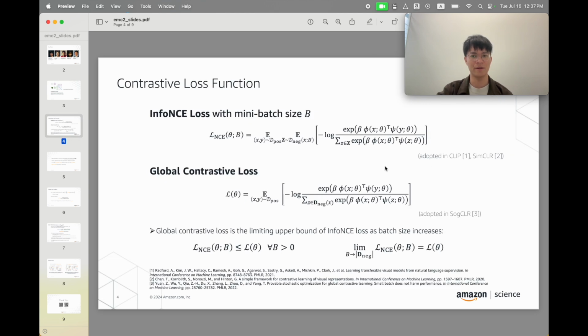In contrastive learning, we are interested in looking into these two loss functions.